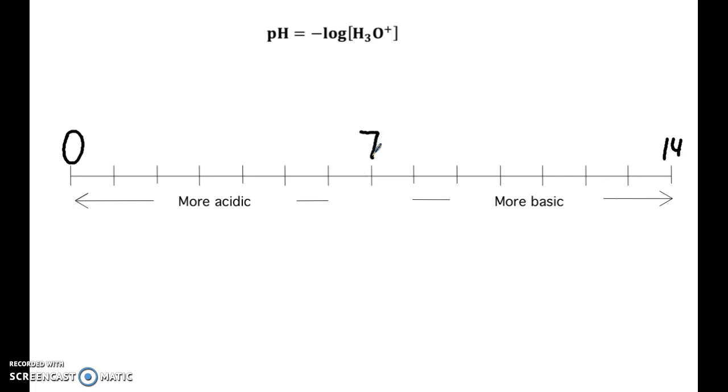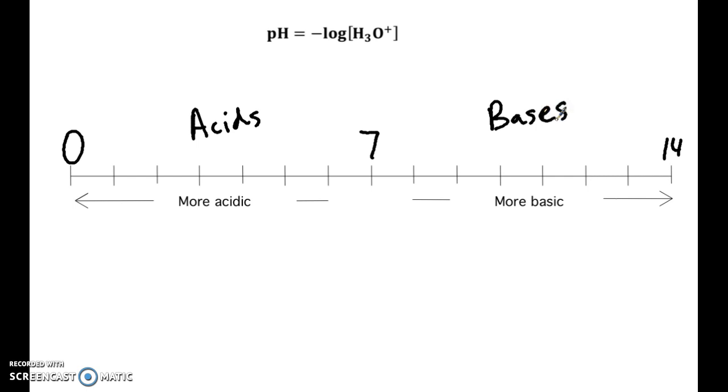Generally speaking, if something has a pH of less than 7, we say that it is acidic. So these are all acids over here, and as it goes towards 0, it becomes more and more acidic. As you go toward the middle and go this direction, it becomes more and more basic. These are all bases, and the strongest bases are over here.